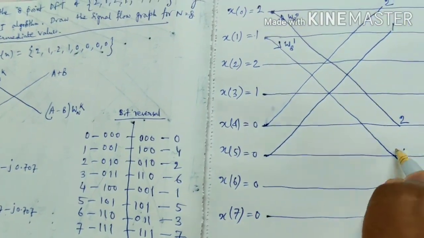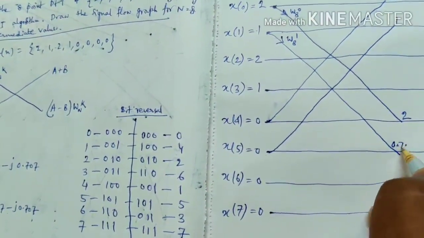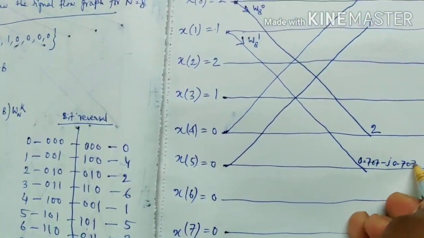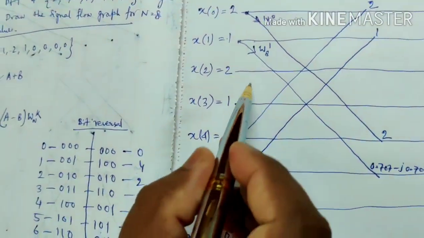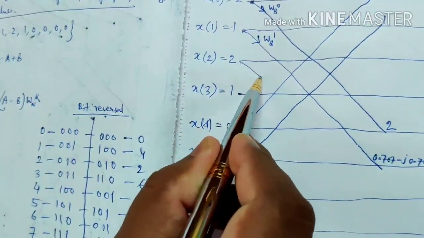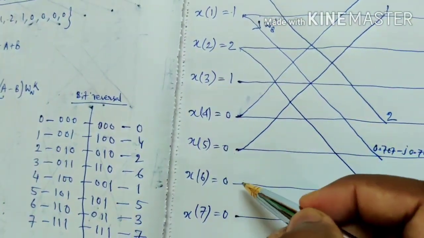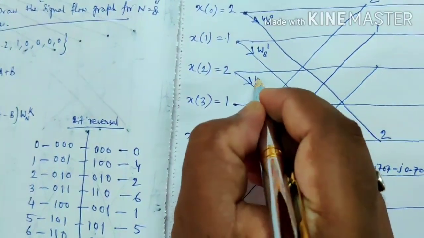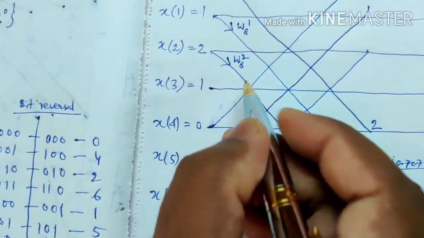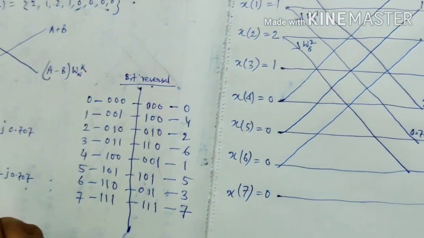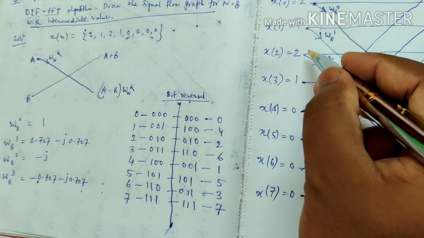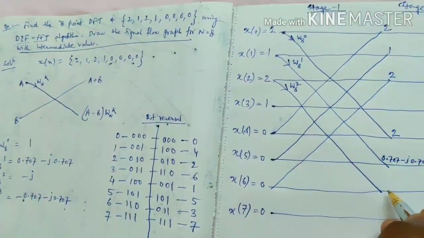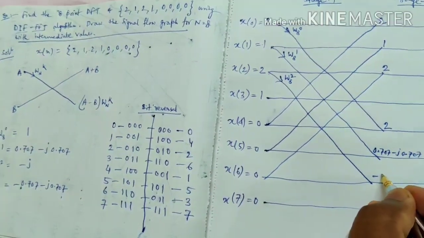So that value will be 0.707 minus j 0.707. And similarly for x2 to x6, x6 to x2, the twiddle factor is omega 8^2, whose value is minus j. So for A and B, that is 2 and that value will be minus j2.